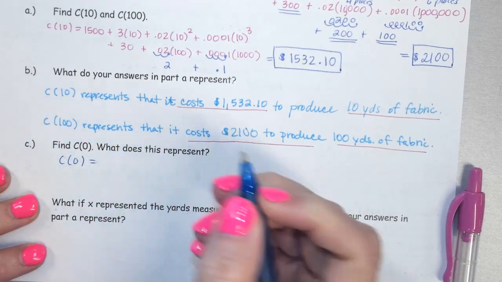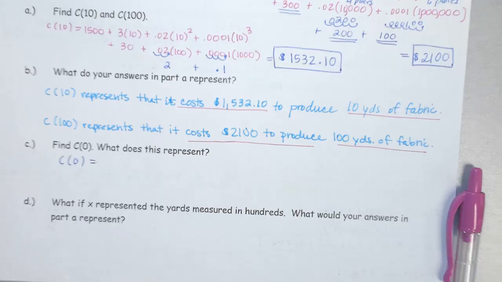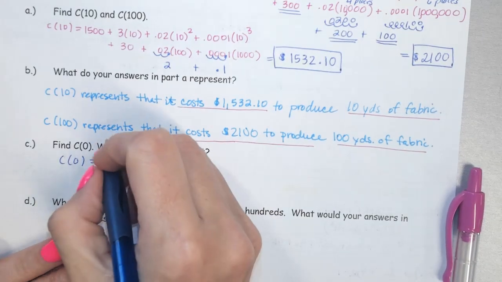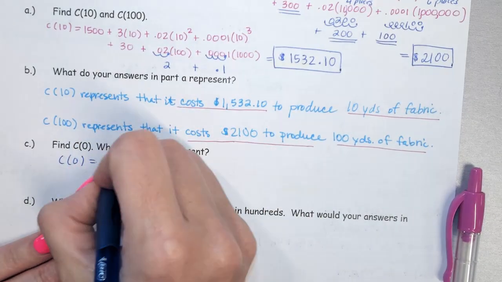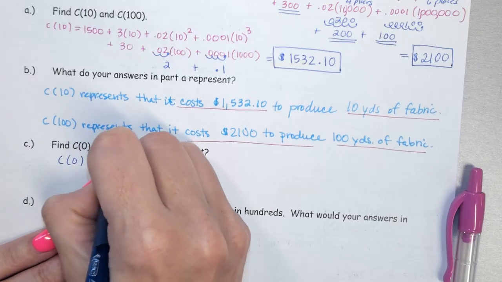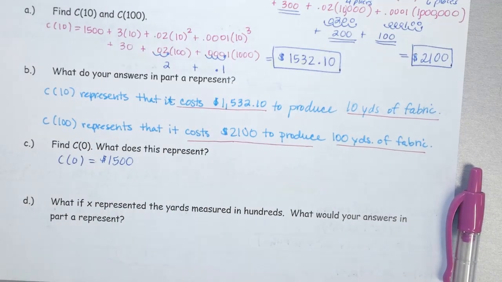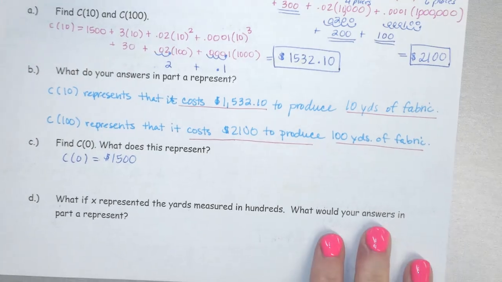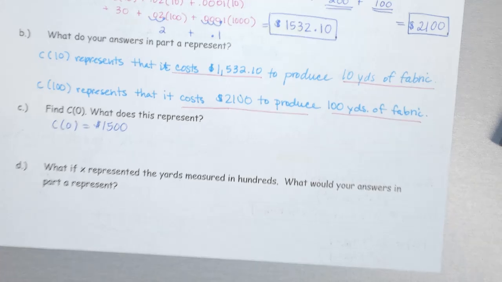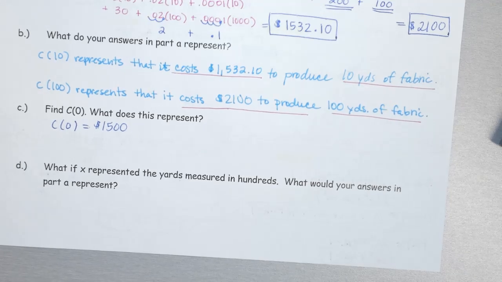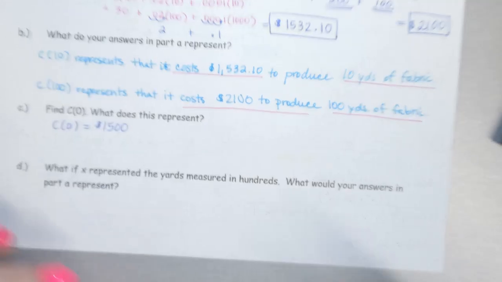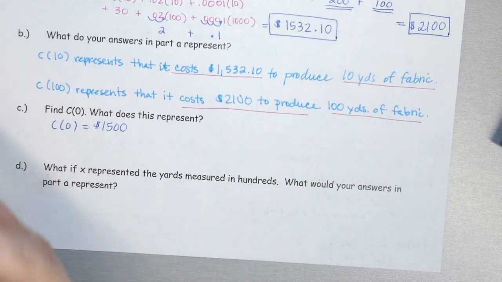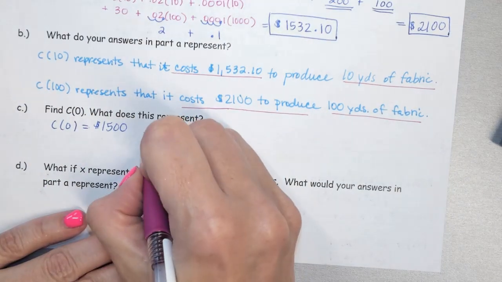Okay, so when you plug in 0, the only thing you're left with is the constant, which is what? Yep, 1,500. Okay, and then, so what does this represent? Yeah, your base cost. Yep. So your initial cost, you could say, the cost of manufacturing, the startup. There's a lot of different ways that you can say that.